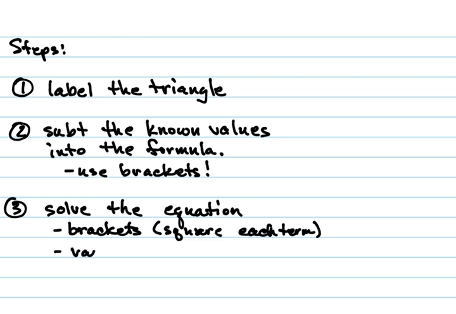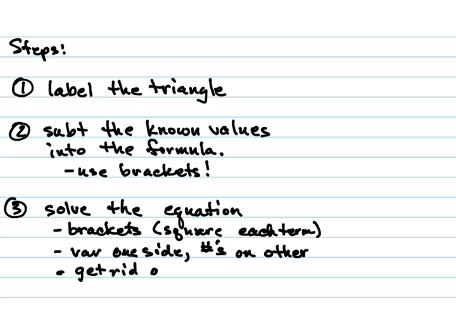Then variable on one side, numbers on the other, and you move them by doing the opposite. So if it's positive, you would subtract it. If it's negative, you would add it, right? And then finally, what we need to do is get rid of the remaining square.